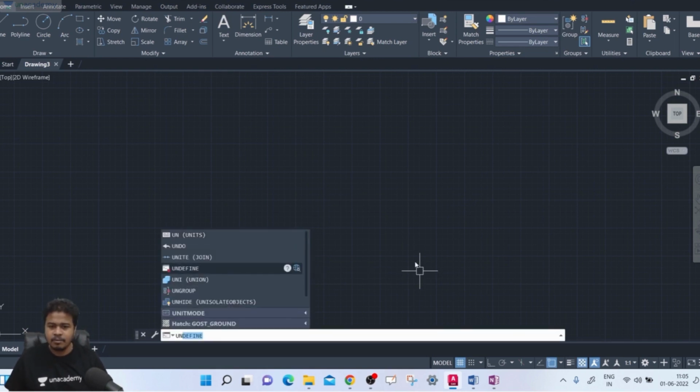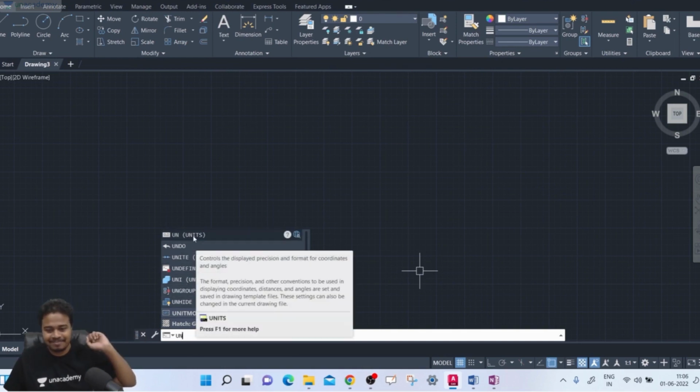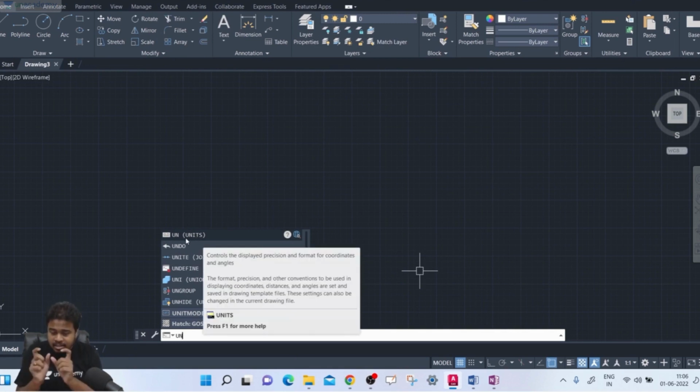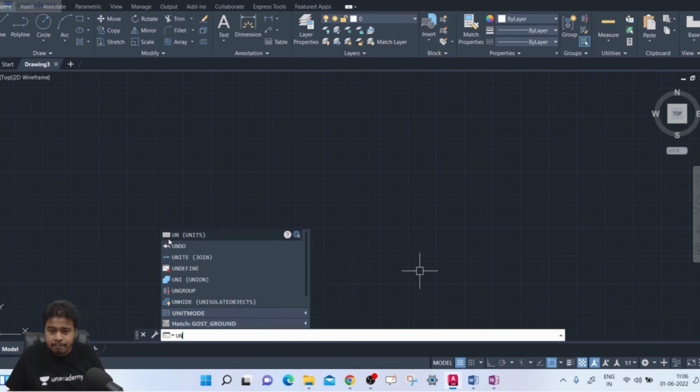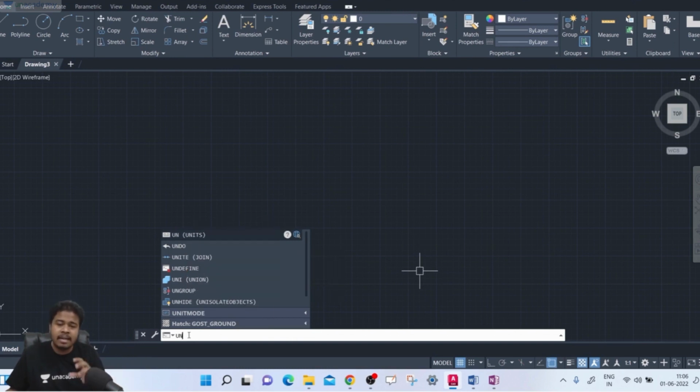If you write UN, you can see lots of suggestions here, and these suggestions are given by AutoCAD. Once you type UN, you can see units is coming. The shortcut for units is UN. This is the first suggestion by AutoCAD once you type UN in the command line.